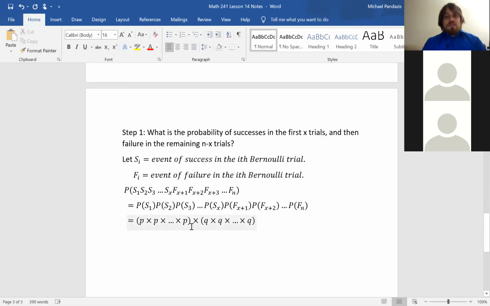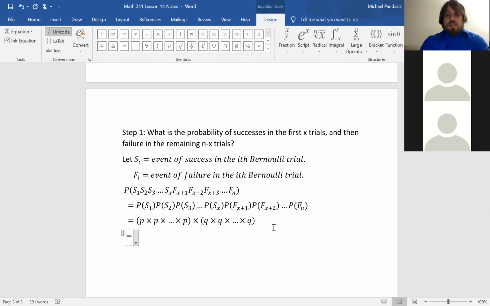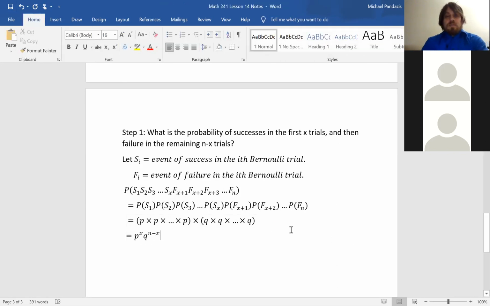There's X successes and N minus X failures. And so this is equal to p to the X times q raised to the N minus X power.